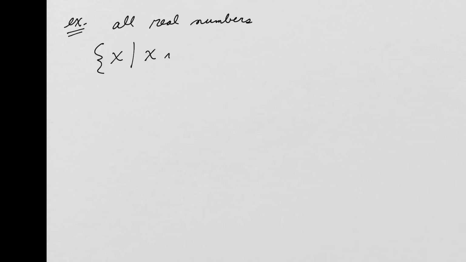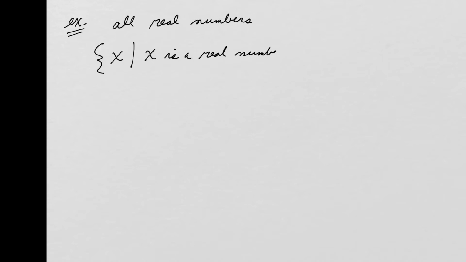What if my, oops, let me go back to black. How would I represent all real numbers? Well, you could just state it. You could say, like in set builder notation, I could say it's the set of all x such that x is a real number.